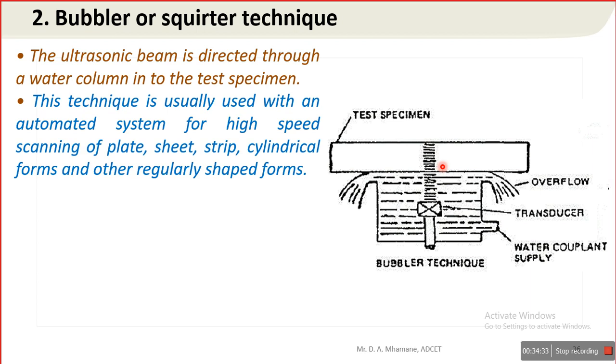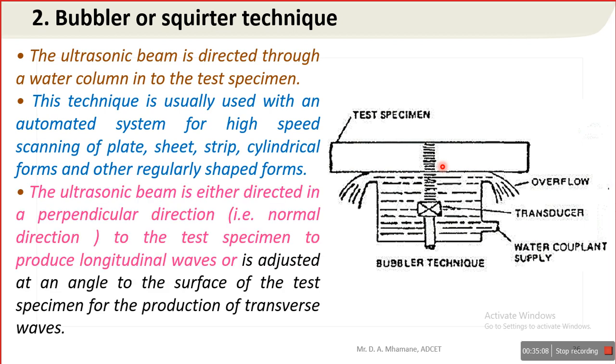So this technique is usually used with an automated system. Manually, there are difficulties in operating this testing method. So we need a special type of automated system for high speed scanning of plate, sheet, strip as well as cylindrical and other irregularly shaped forms. So in this case, we need a faster rate of scanning.